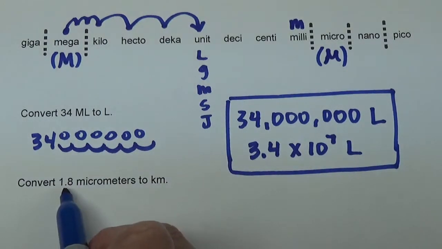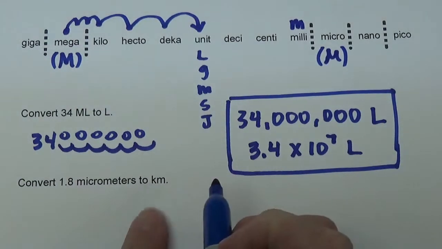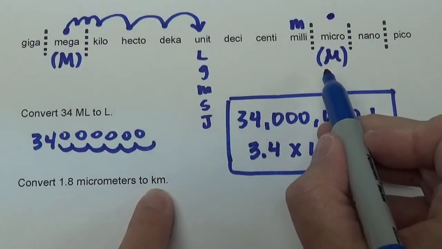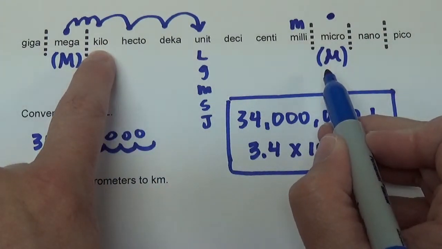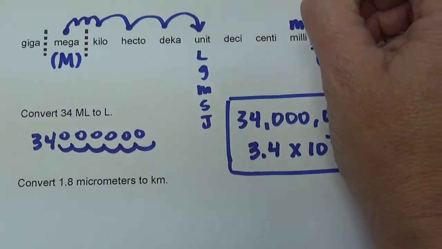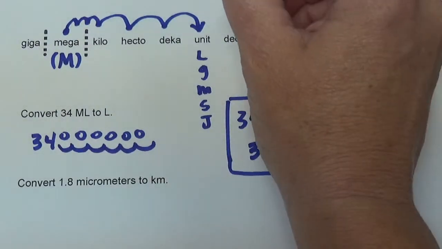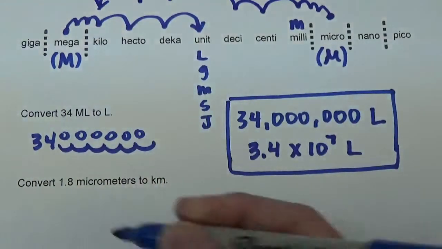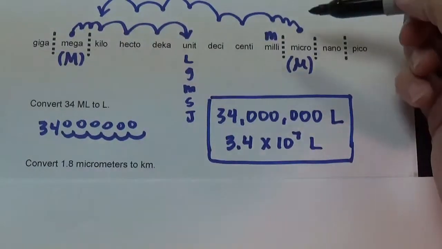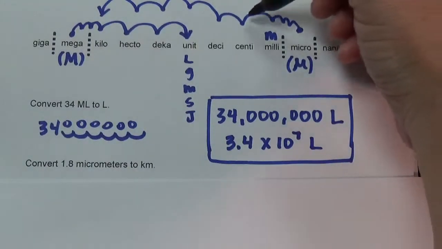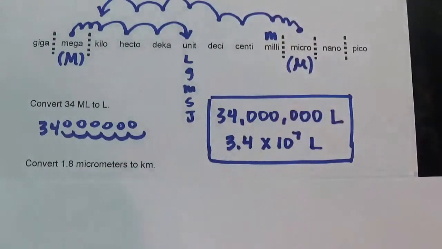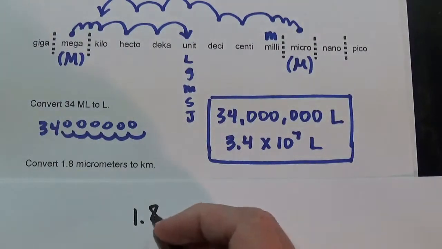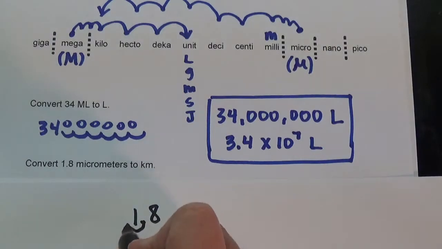So we are going from 1.8 micrometers to kilometers. We start at micro, and we're going to go to kilo, which is over here. So we're going to go 1, 2, 3, 4, 5, 6, 7, 8, 9 places to the left. So starting with 1.8, we move to the left 9 places.